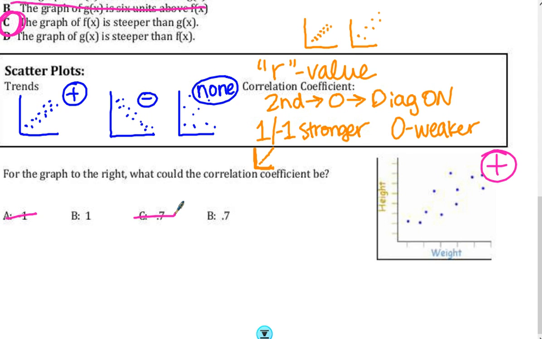It'll never be a perfect 1 unless it's a straight line, just points that form a straight line. So it's not super tight. It's close though. Obviously there's a typo in the answer choices here. Anyways, 0.7 would be the better fit for this particular problem. Again, it'll never be a perfect 1.